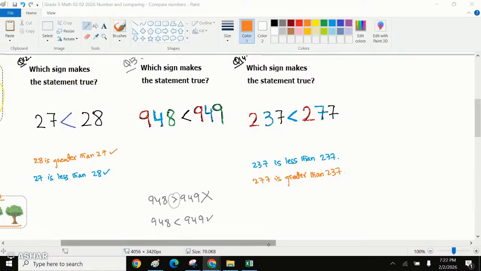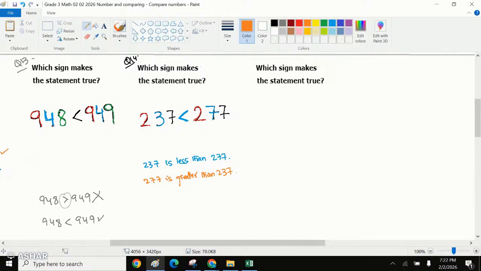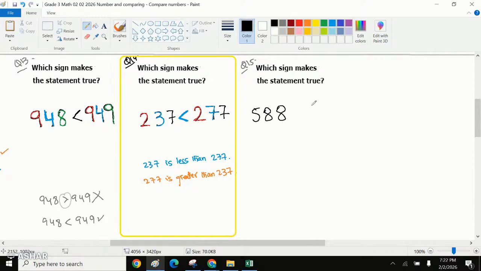Moving ahead to the next question. The question number 15 says, let me just put this in a box so that we can differentiate. Okay. The question number 15 says 588 and 736.